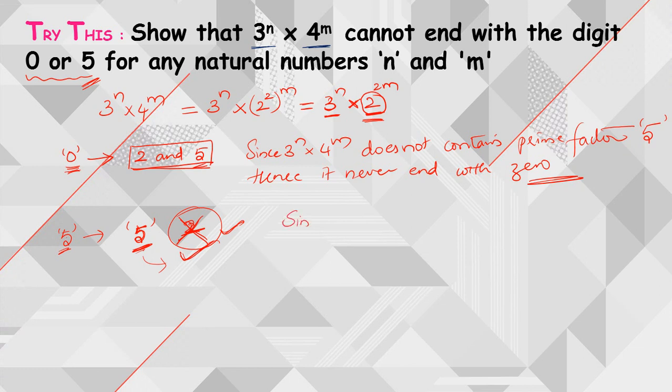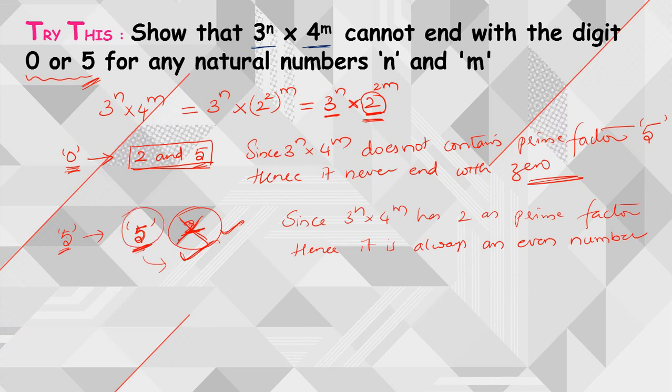Since 3 power n into 4 power m has 2 as a prime factor, it is always an even number, but to end with 5 it should be an odd number. So clearly it will never end with 0 as well as 5.